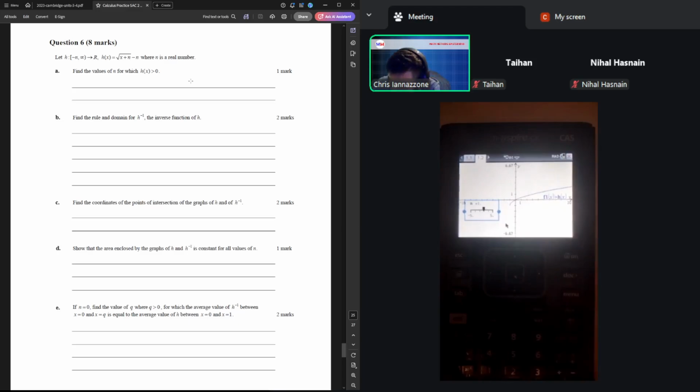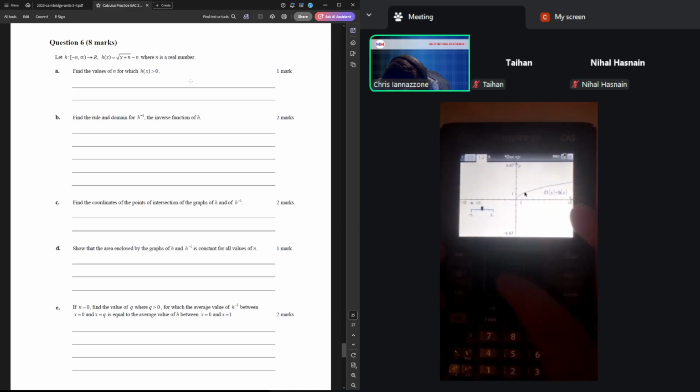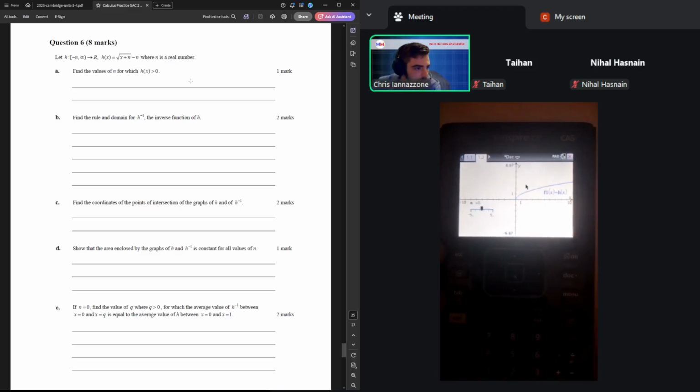Like for instance n being 1, well already we can see it's dipped below. N being 0, we'll get right on the boundary, because you've got 0 vertical and 0 horizontal translation.